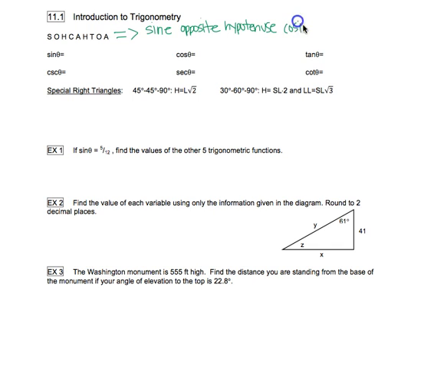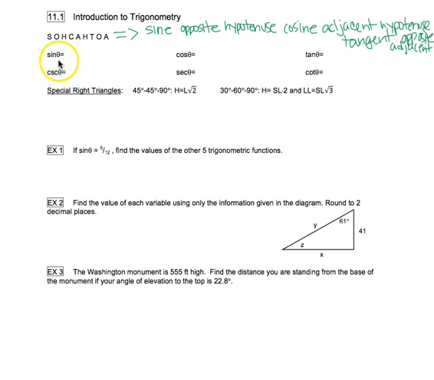Cosine, adjacent over hypotenuse. And then finally, tangent, opposite over adjacent. So if you write out the whole acronym, that's what you would get.